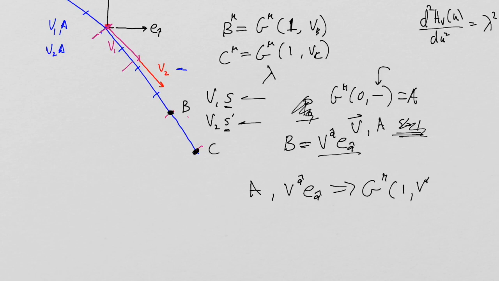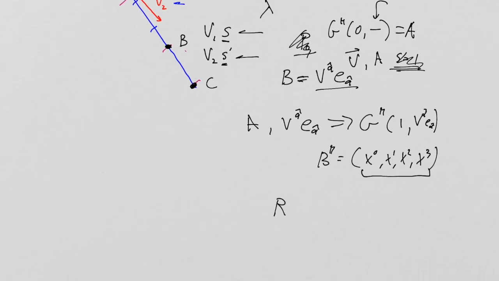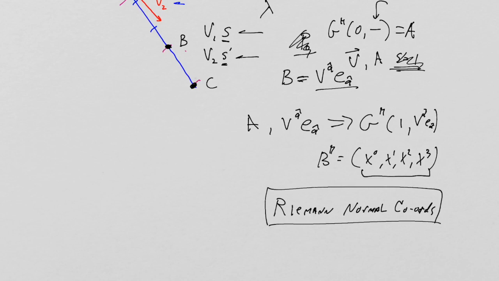And this is V alpha E alpha hat. I go one unit distance down that curve, and those are the coordinates x0, x1, x2, and x3 of the point B, right? And these coordinates are called Riemann normal coordinates. I know. Almost sounds like it. And that's what it is.